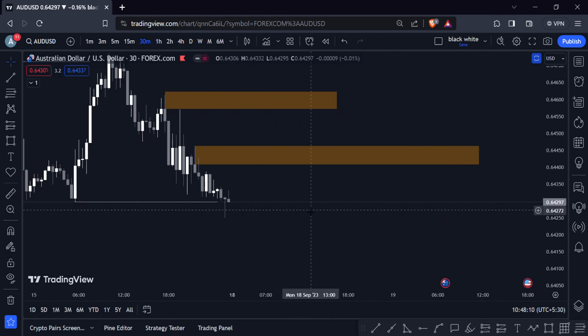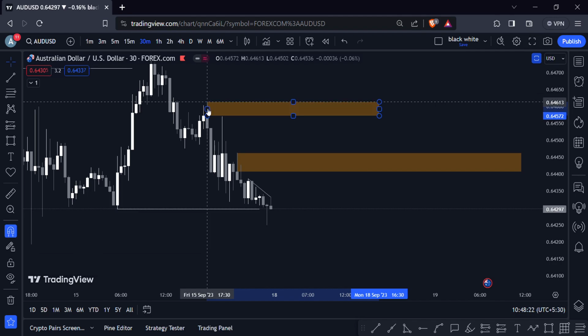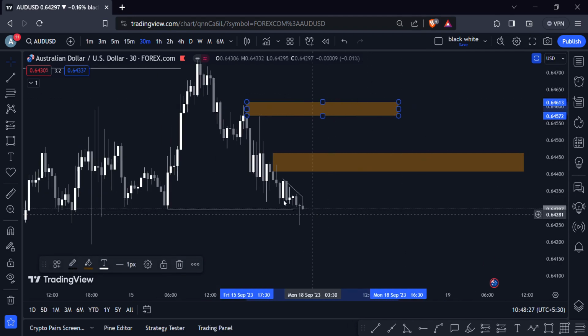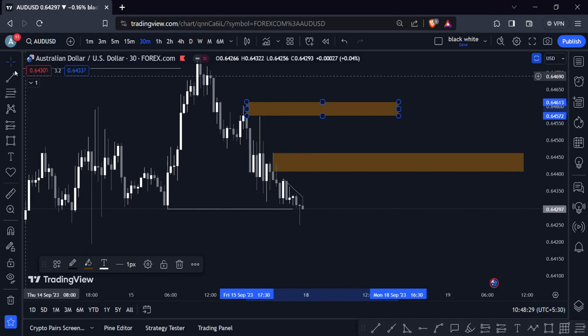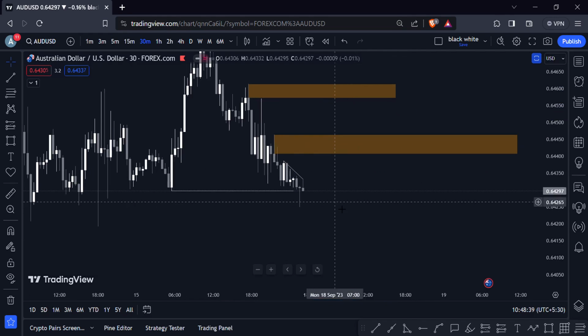We have a pool of liquidity over here. Everything is almost mitigated. The last point which is unmitigated over here is this zone only. Okay. So most probably the price will return back and get to the zone somewhere here, and at either of these two zones the price will react back.